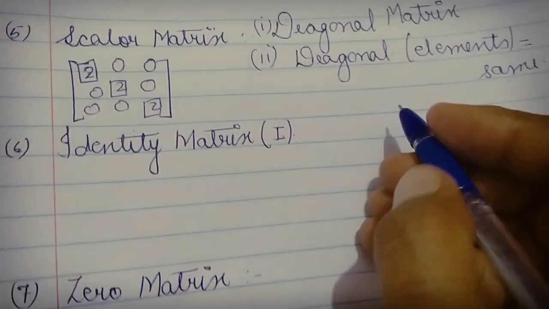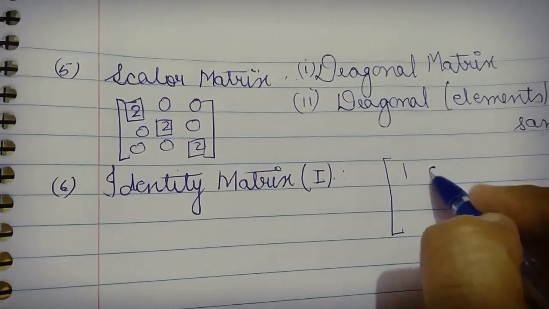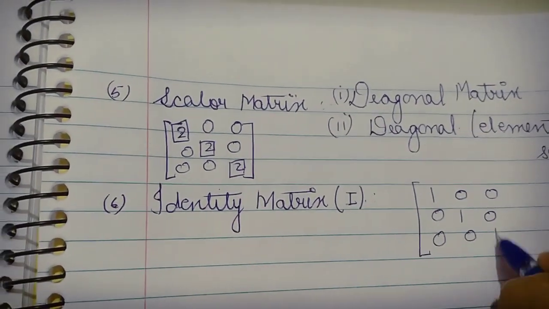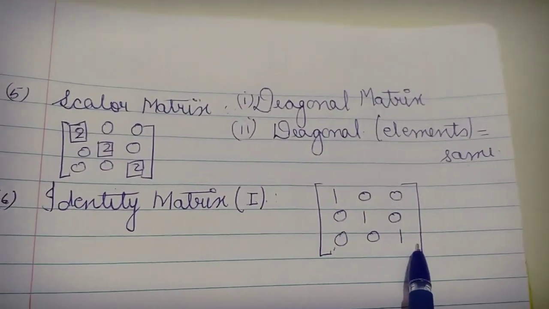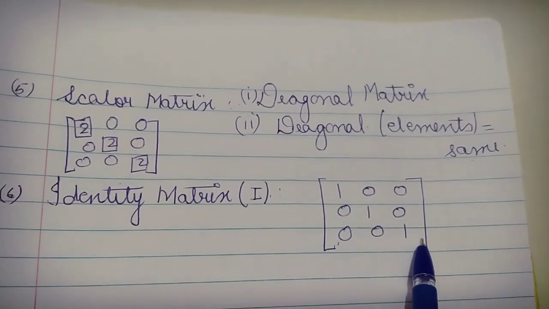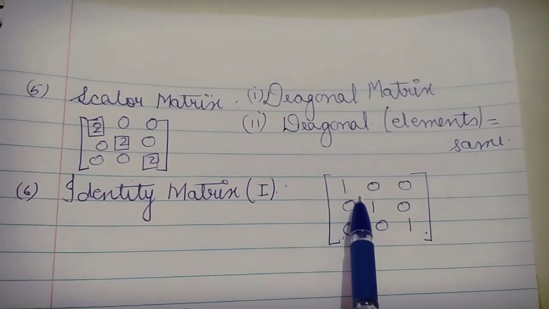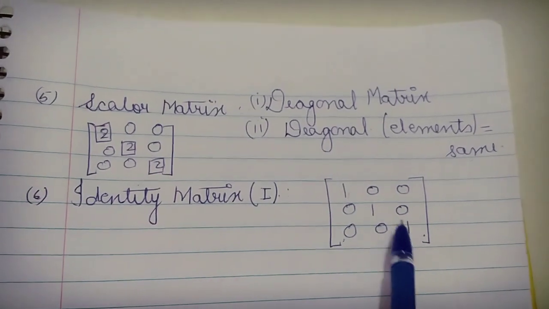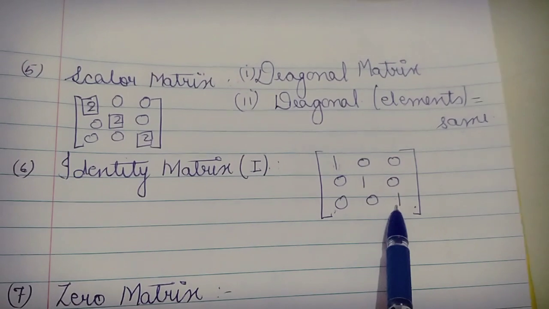What about identity matrix? This is the example of identity matrix: 1 0 0, 0 1 0, 0 0 1. Then what is the condition of the identity matrix? First, it must be a scalar matrix, and second, the diagonal elements, or we can say the elements of principal diagonal, are always equals to 1, must be equals to 1.